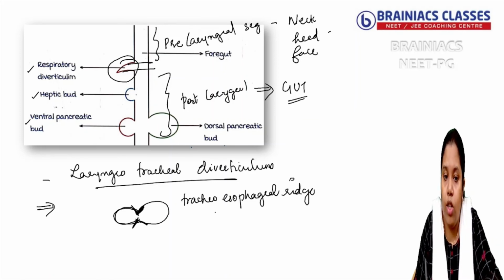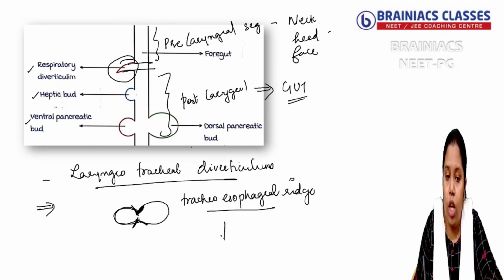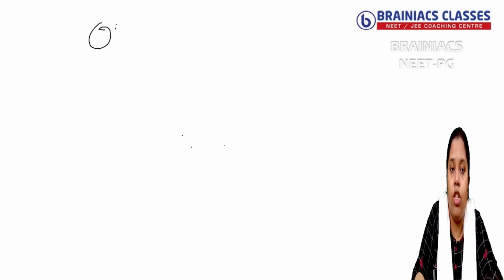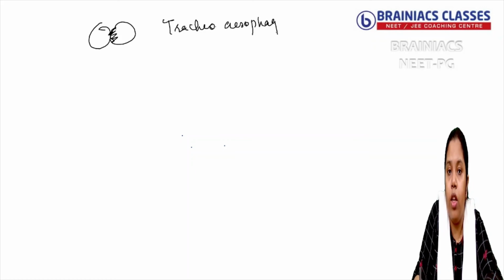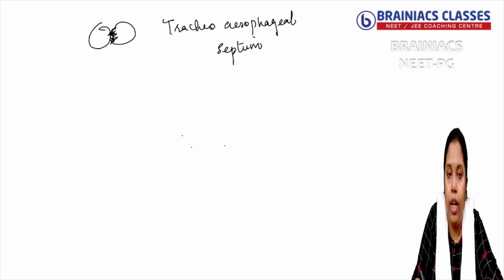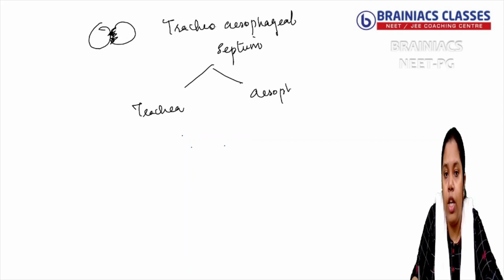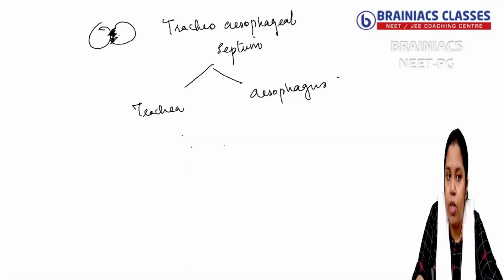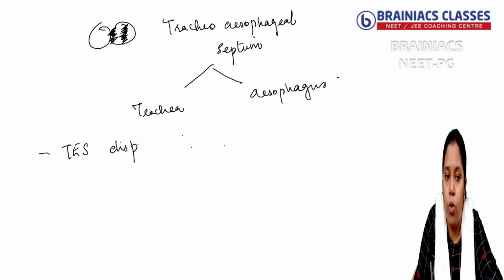This ridge later changes into the tracheoesophageal septum, which divides the trachea and esophagus, so the anterior part forms the trachea and the posterior part forms the esophagus. Now what happens if the tracheoesophageal septum is displaced posteriorly?